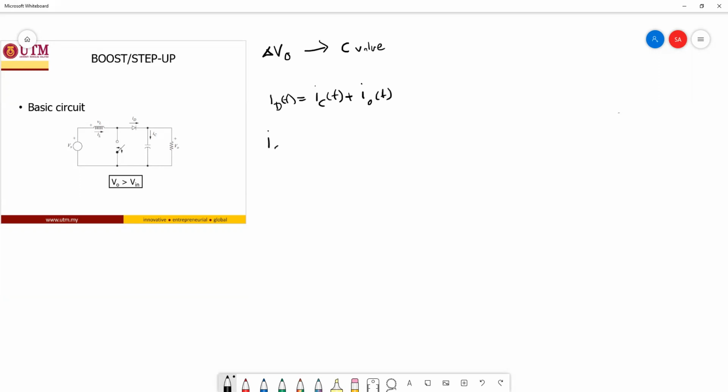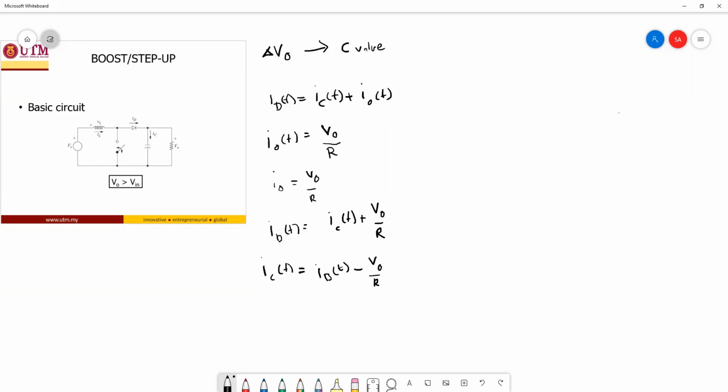We know that I out is a constant DC current, which can be calculated as V out over R. So I diode of t is equal to IC of t plus V out over R. Our main function now is IC, so we rewrite it: IC is equal to I diode minus V out over R, where V out over R is a constant current.